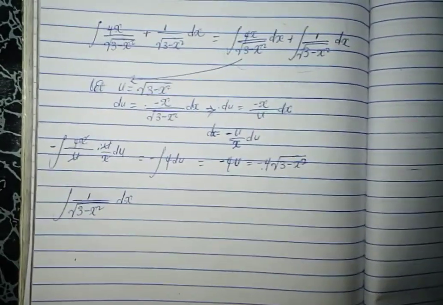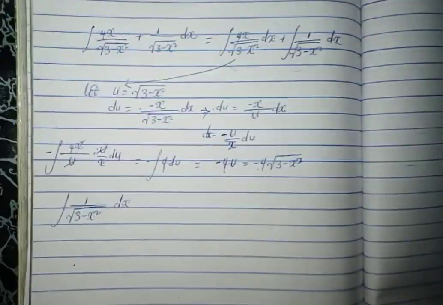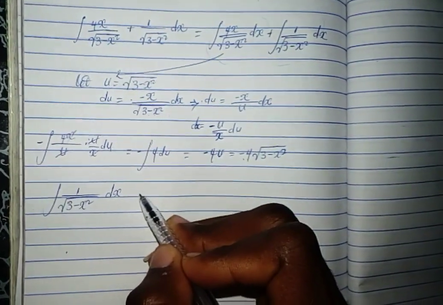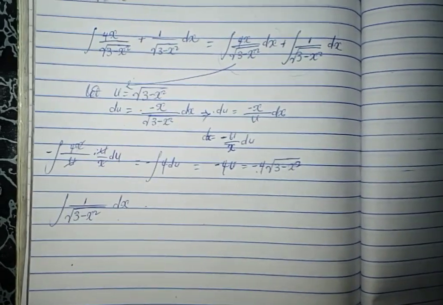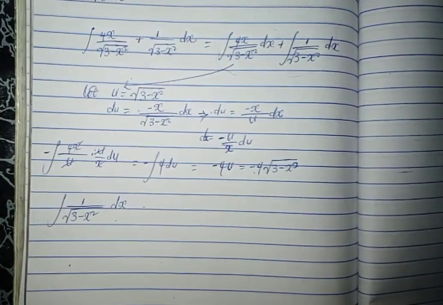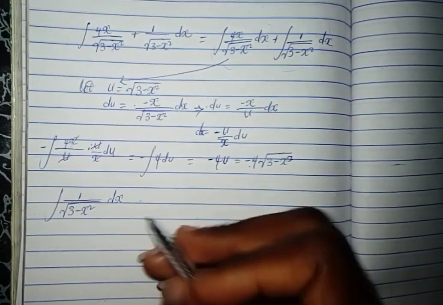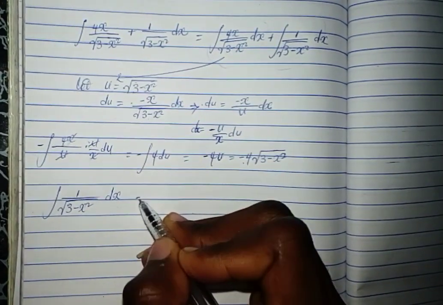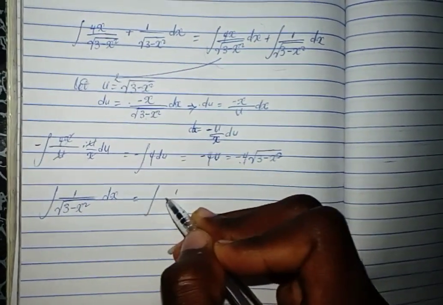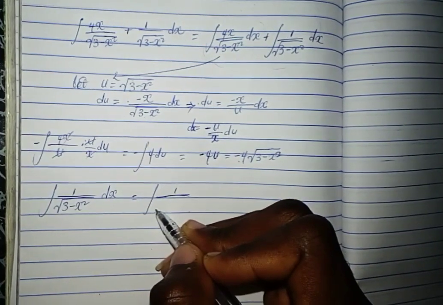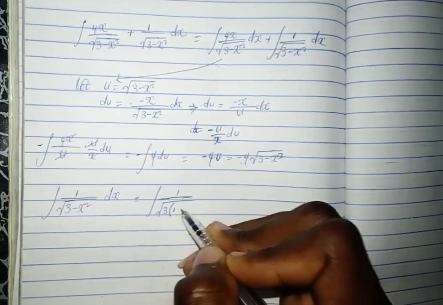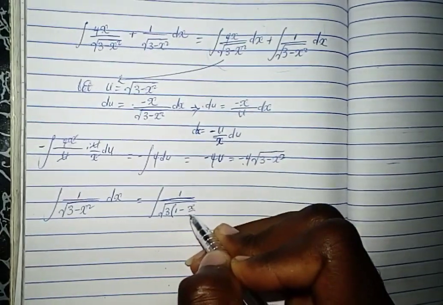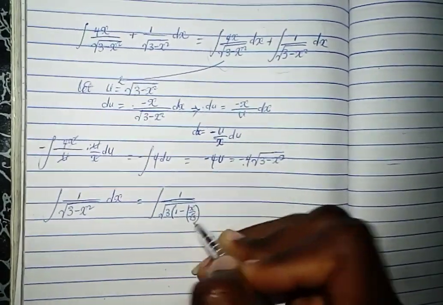But we can actually show, for those that do not know how they got the sine inverse of x over root 3, by rewriting this integral as 1 over the square root of 3 in bracket 1 minus x over square root of 3 squared.